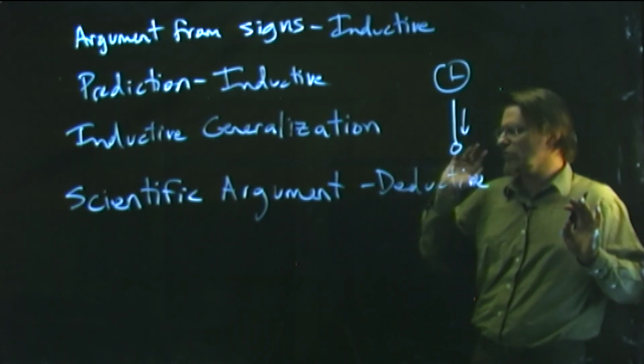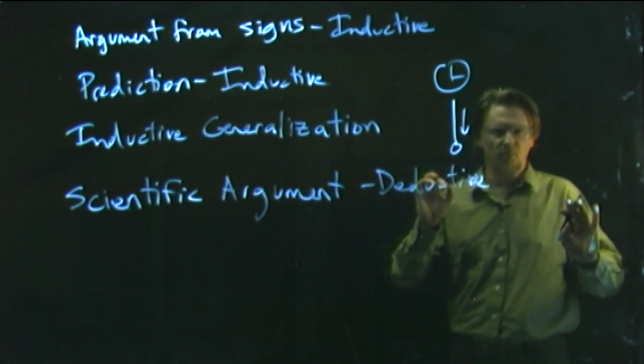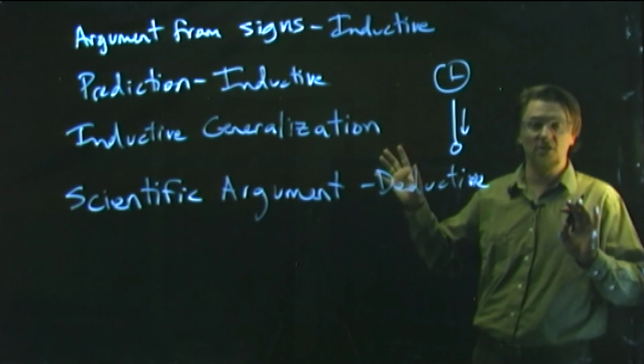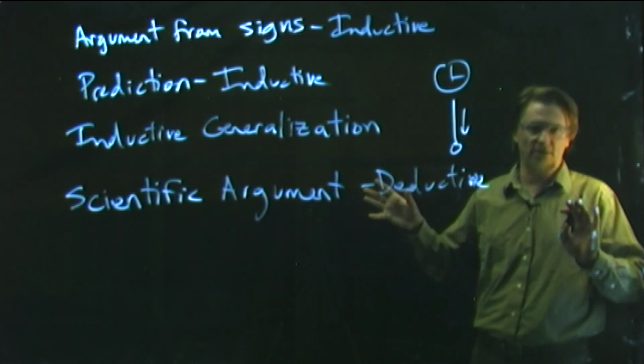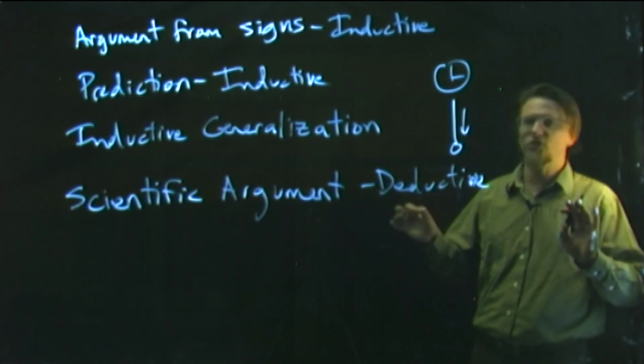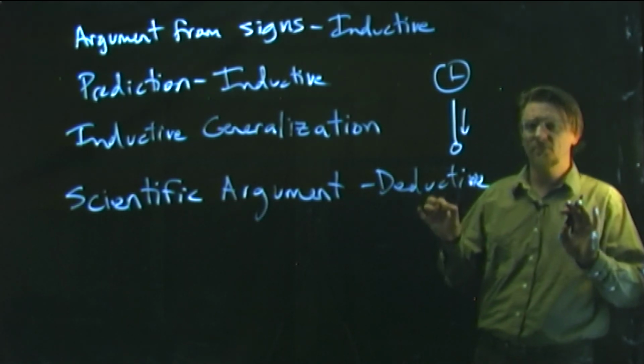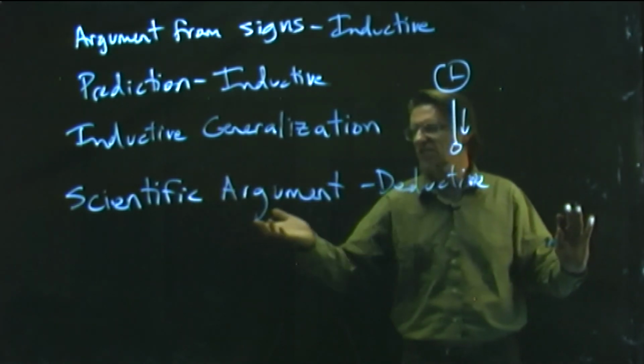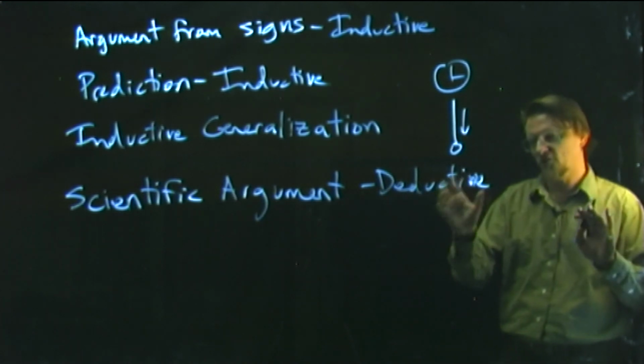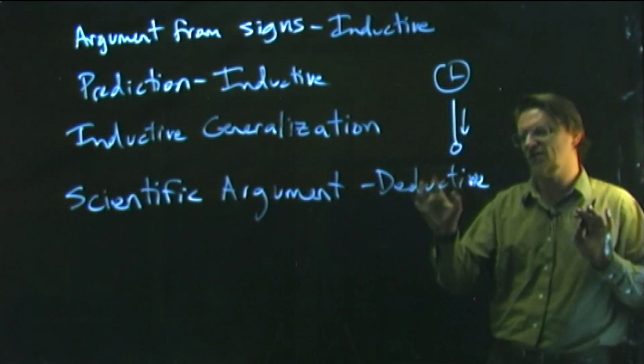It's not dealing with newly discovered substances or some weird thing that happens in a particle collider or something like this. Pendulums are well established. And so when you identify something as a scientific argument, be sure to think carefully about whether or not it would be deductive or inductive.